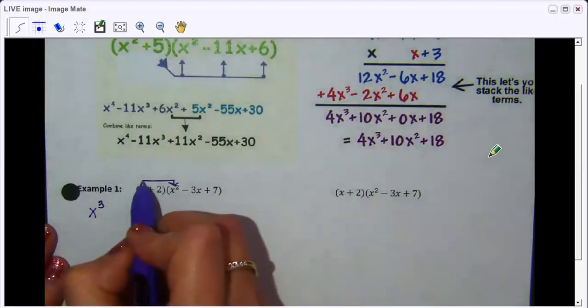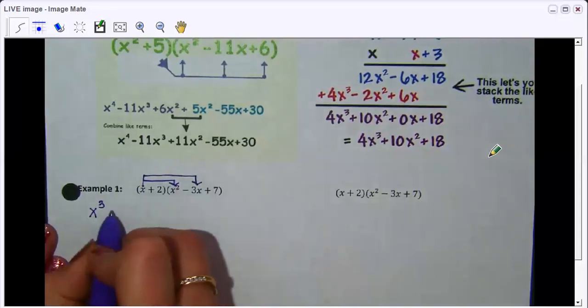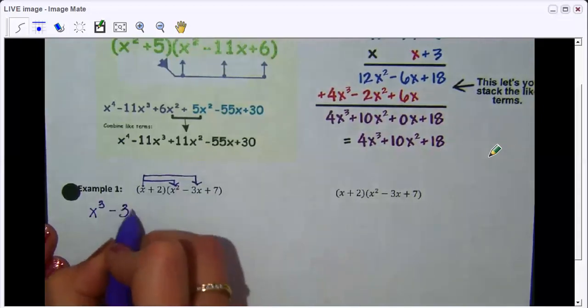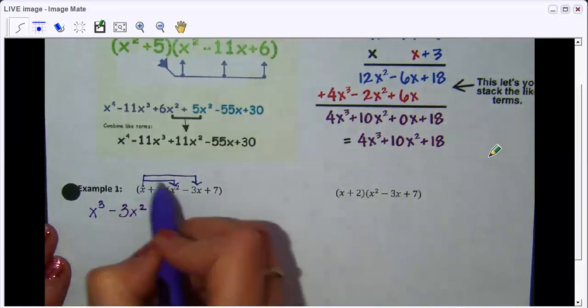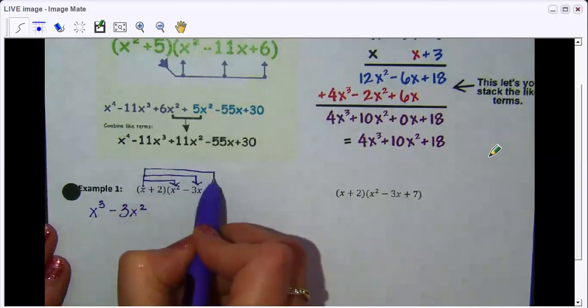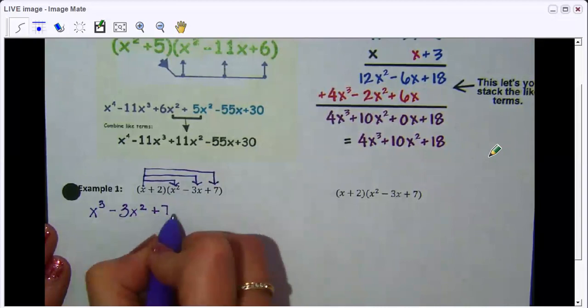Then I'm going to multiply x times a negative 3x, and I get negative 3x squared. Then I'm going to multiply x times a positive 7, and I get plus 7x.